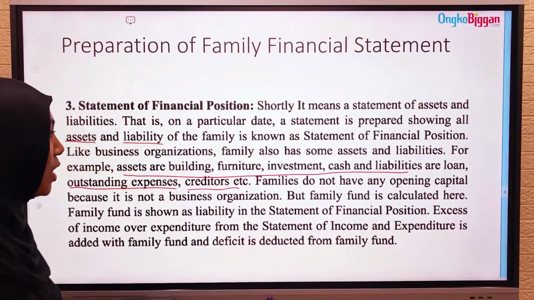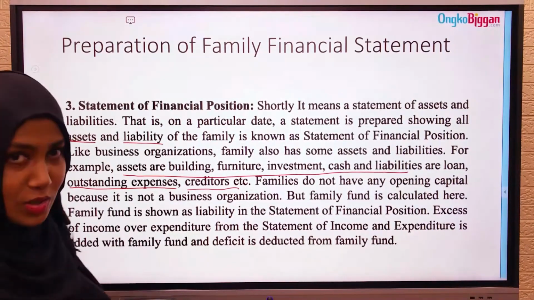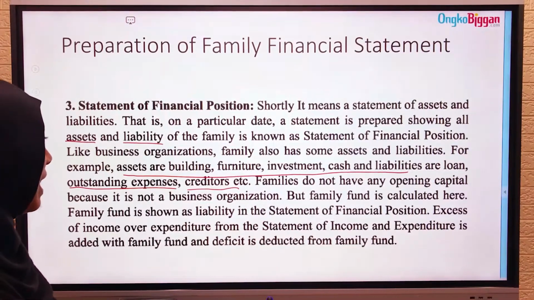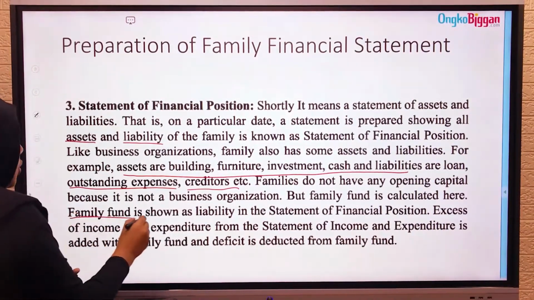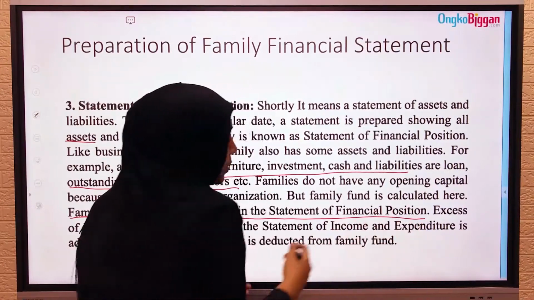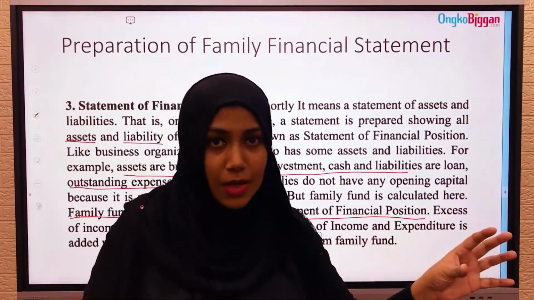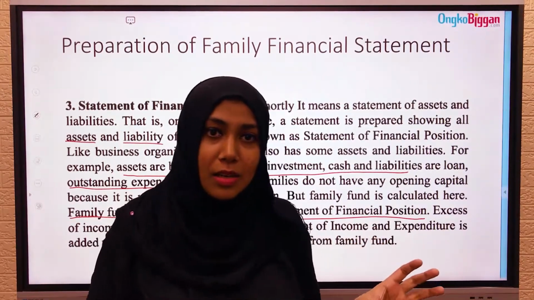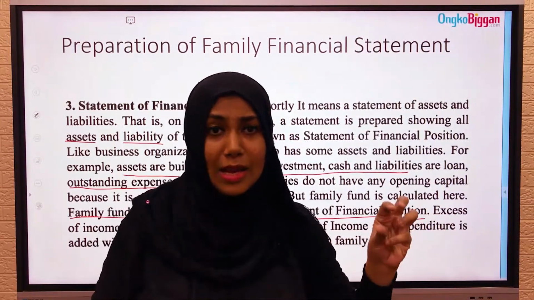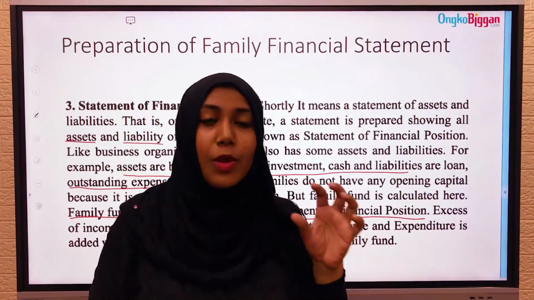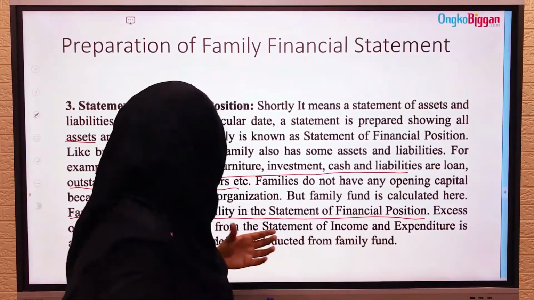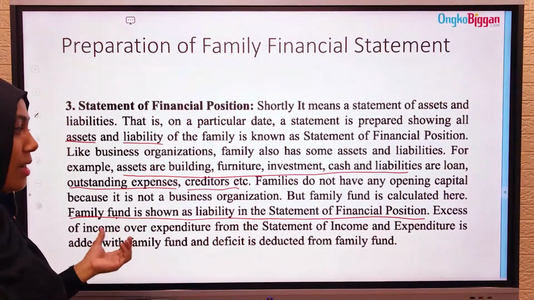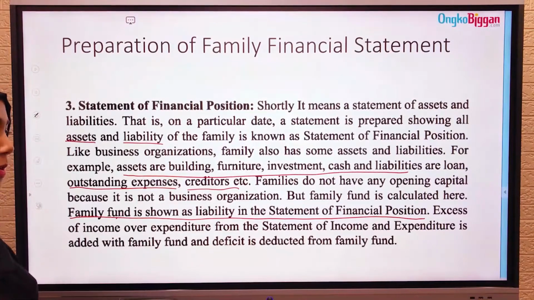A family does not have any opening capital because it is not a business organization, right? But the family fund is calculated over here. Family fund is shown as a liability in the statement of financial position, just like the general reserve, right? At the very beginning, what would we think? The general reserve is our asset, but it's not. General reserve, we consider as a liability. Same as the family fund. The family fund will be considered a liability in the financial position.